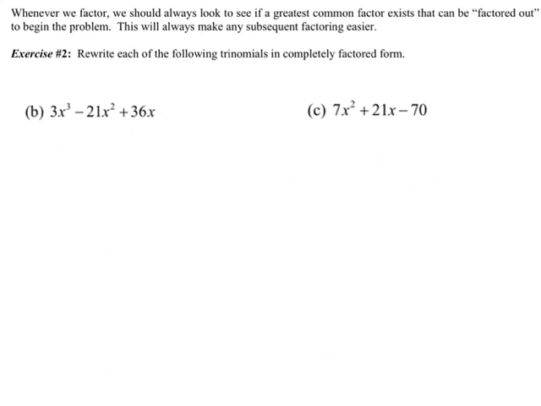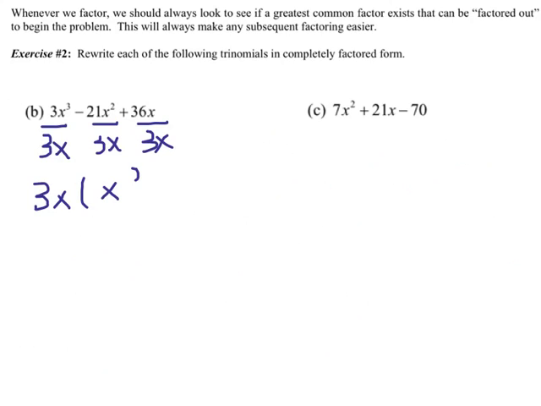Every time we are looking to factor a trinomial, we want to make sure we look for a GCF first. So I notice my GCF here, I have a 3 that I can divide everything by, but I can also divide everything by x. So I'm going to do that, and I'm going to pull my 3x out. Now I have to write what's left.